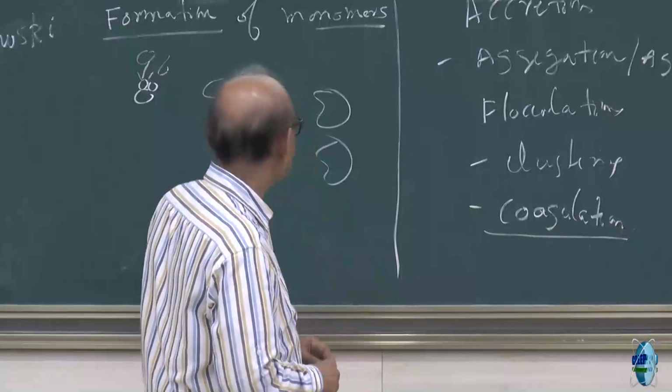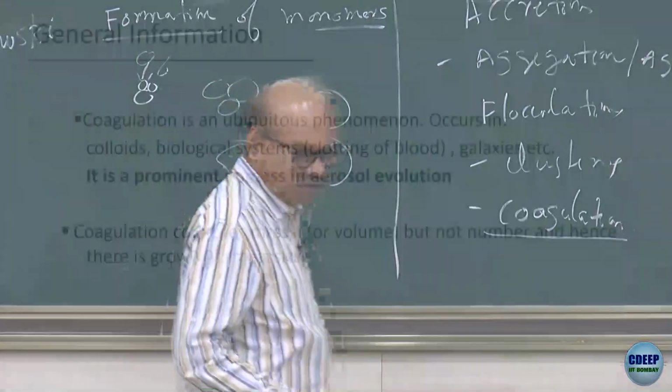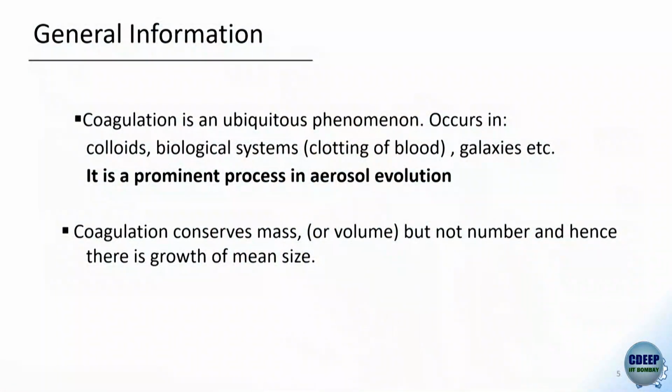So all that we see is that coagulation is very ubiquitous. It occurs in most dispersed systems, clotting of blood in biological systems, in galaxies, formation of galaxies. Chandrasekhar's paper of 1943 does discuss these matters, application of Brownian motion in astrophysics.